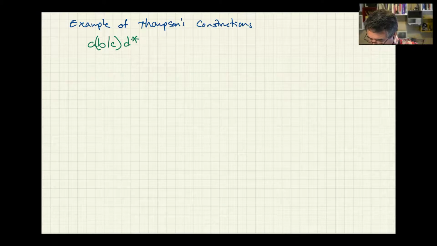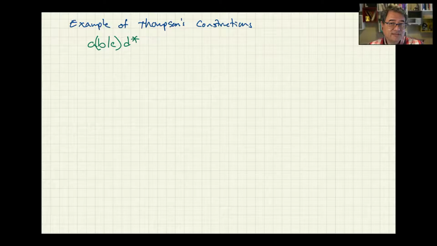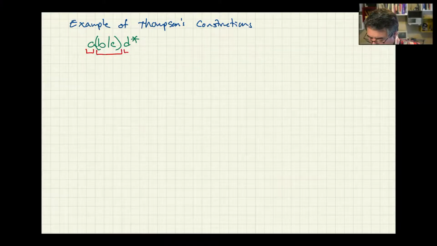When you look at this regular expression, the first thing you do is ask, what do I see here? Obviously I see alternation, I see looping, but what is the primary thing that's happening? What's the big picture? The big picture is that I'm sequencing three smaller regular expressions. I've got the A, I've got the B or C, and I've got the D star.